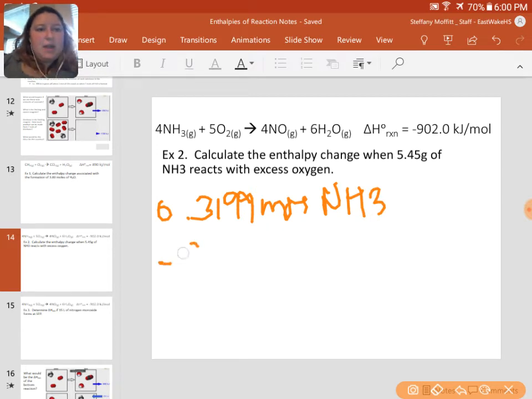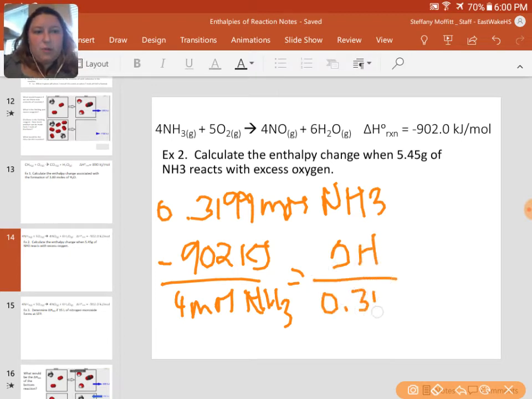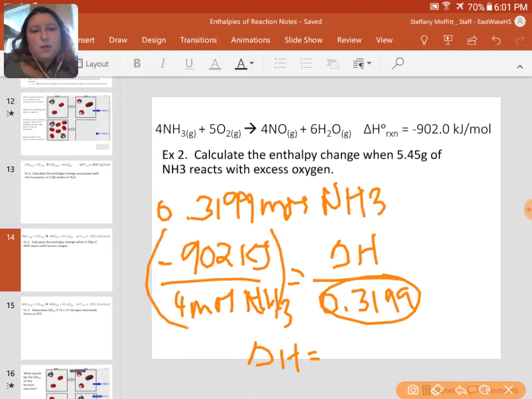If I have negative 902 kilojoules per 4 moles of NH3, I'm trying to figure out what is my delta H per 0.3199 moles of NH3. My delta H, after I calculate that out, I just multiply both sides by this number, and I get negative 72 kilojoules.